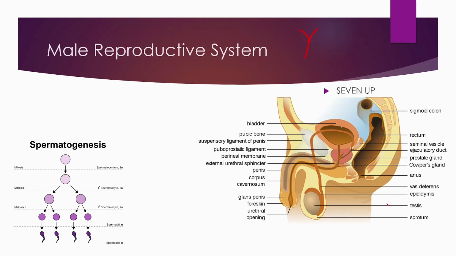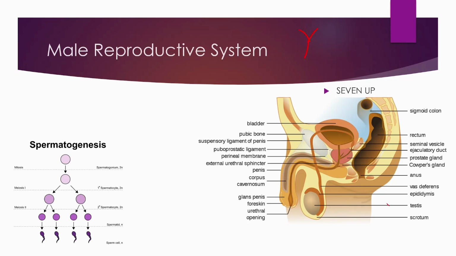I'll say this slowly, but it starts off in the seminiferous tubules. I don't believe it's labeled on this one. But that being said, you can study the anatomy on your own time. Please focus on just the pathway itself. The seminiferous tubules then go into the epididymis. Then after that, it'll go through the vas deferens, traveling all the way across here, up to the ejaculatory duct here.